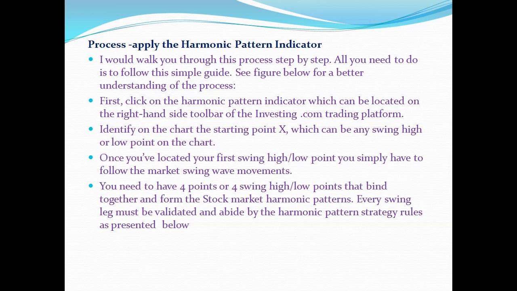Once you have located your first swing high or swing low, you simply have to follow the market swing movements. You need 4 swing high-low points that bind together and form the stock market harmonic patterns. Every swing leg must be validated and abide by the harmonic pattern strategy rules below.